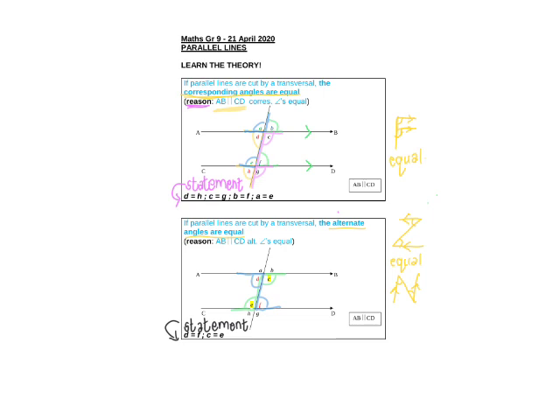And then our reason over here is that they're alternate angles, so they're equal because they're alternate angles, and I wouldn't write equal. I would just write alternate angles, and that AB is parallel to CD.